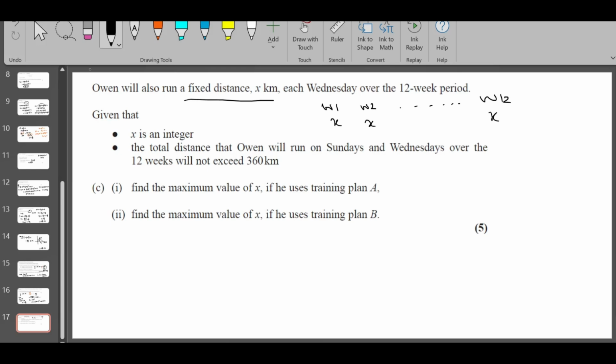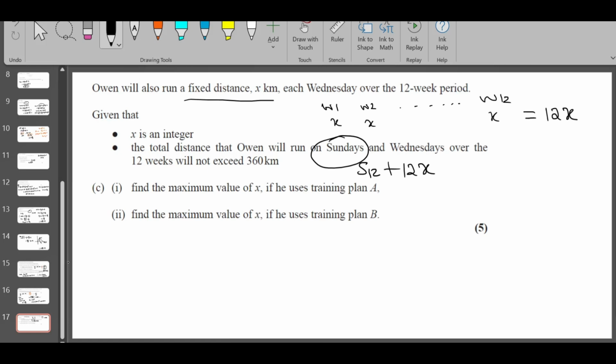For Wednesdays the total distance he runs for 12 weeks is 12x, right? For Sundays there are two plans, so depending on the plan we will get the total distance. The total distance he runs on Sunday, that's the sum of 12 weeks, plus this Wednesday's 12x, right? Because every week he is running x kilometers.